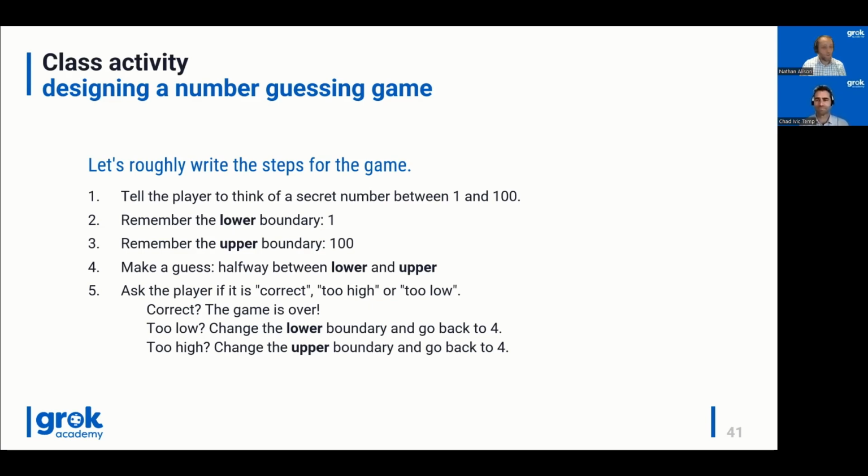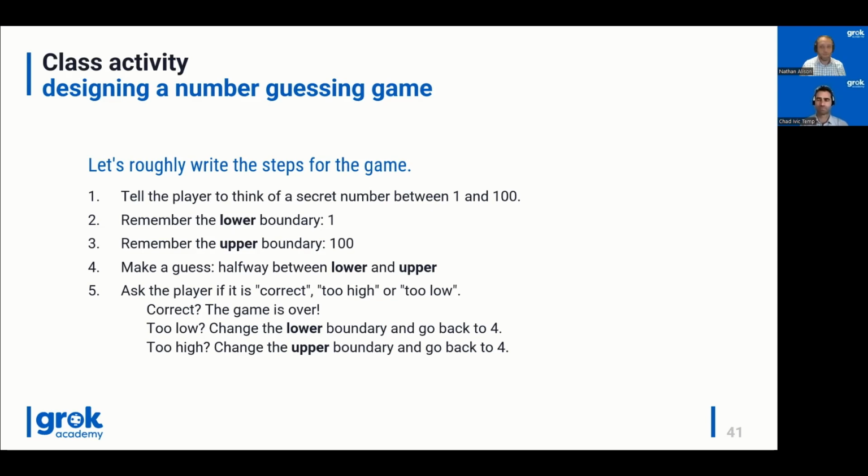He knew now that he wasn't going to be below 52, right? So he adjusted his lower boundary so that now he was looking somewhere between 52 and 100. And so we changed the lower boundary and we go back to step 4. We make another guess. But now we're going halfway between the new lower boundary, 52, and the upper boundary, which is still 100.